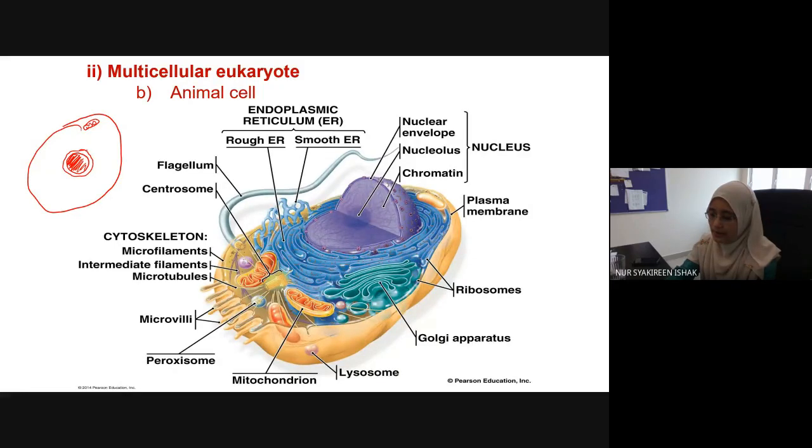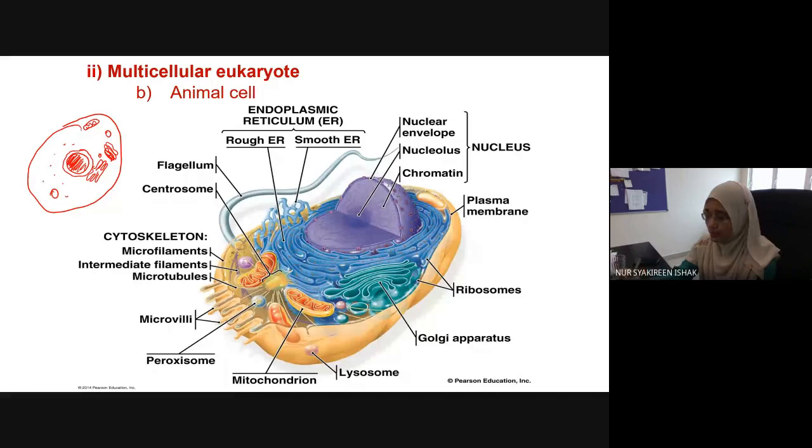And then you have the mitochondria, and the outer membrane of the nucleus is directly connected to the rough ER. The rough ER is folded, and from the rough ER you have the Golgi apparatus. Then you have the secretory vesicles, the transport vesicles, the lysosome, the ribosome.